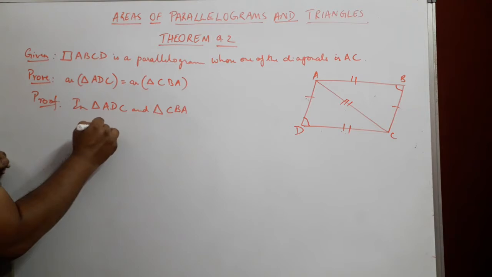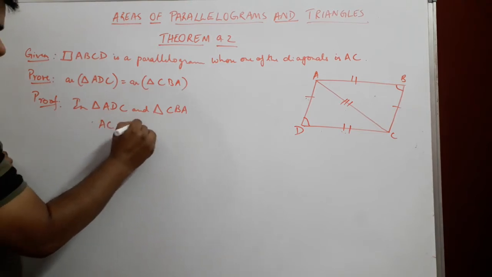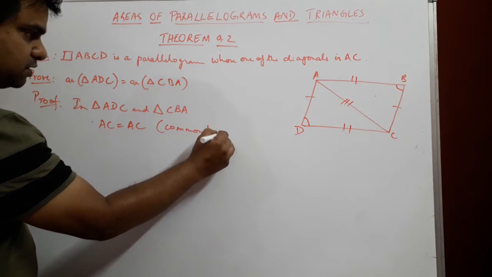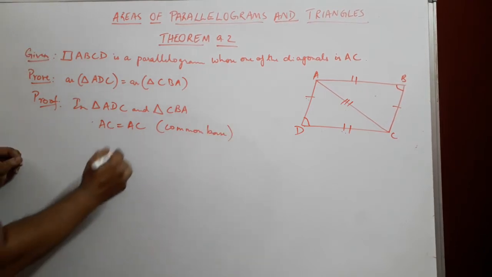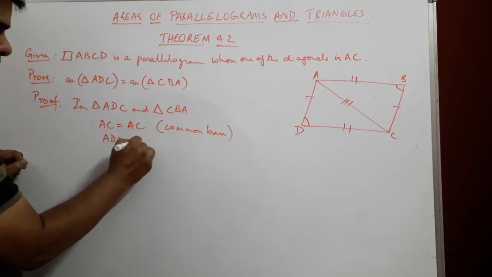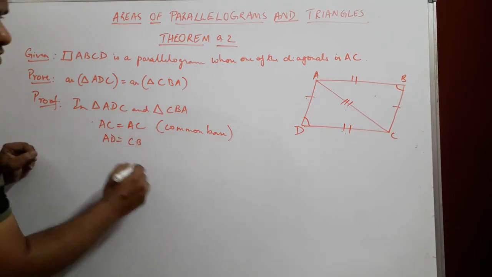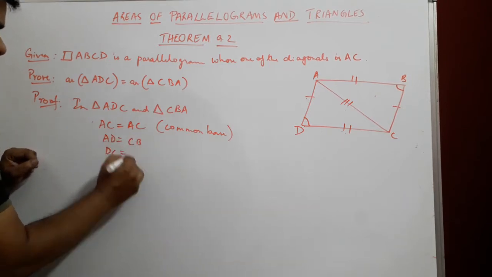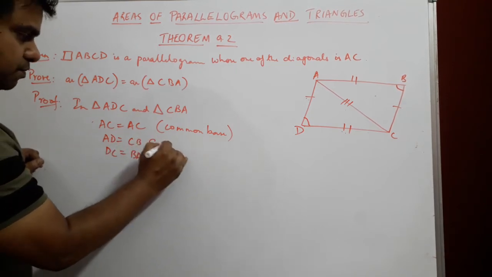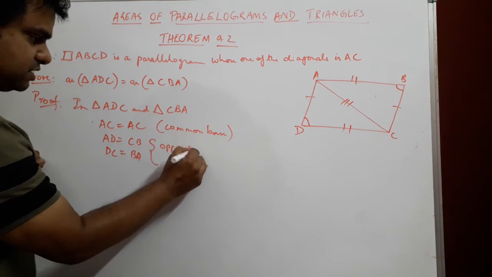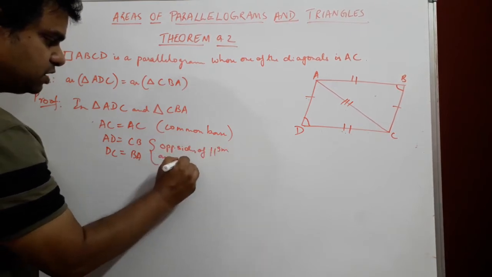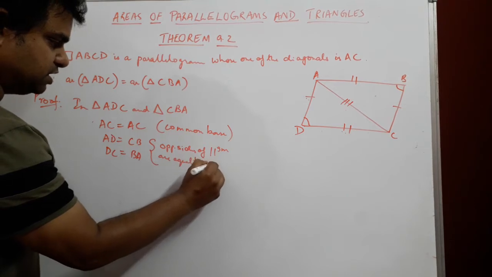So I say AC is equal to AC, which is the common base or side. Then we have AD equal to CB, and DC equal to BA. And why are they equal? Because opposite sides of a parallelogram are equal to each other.